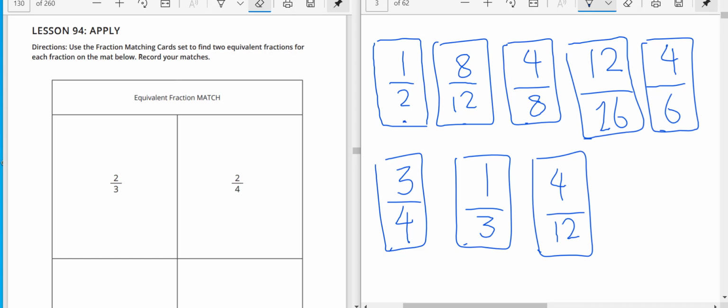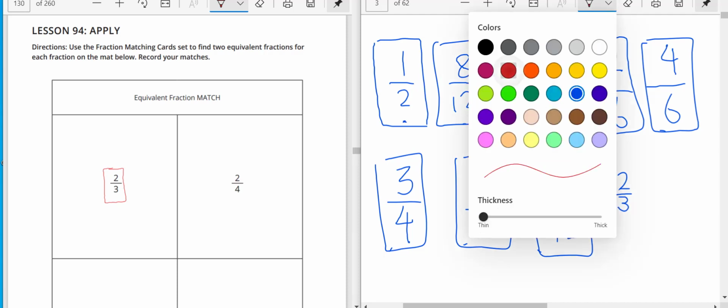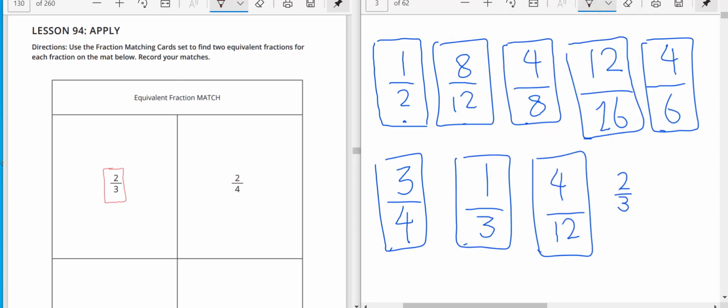At the first, we want to get the equivalent fraction for 2 over 3. We know that to get an equivalent fraction, for example to 2 over 3, we must multiply the numerator and denominator by the same number.